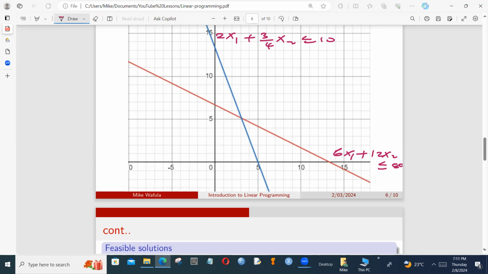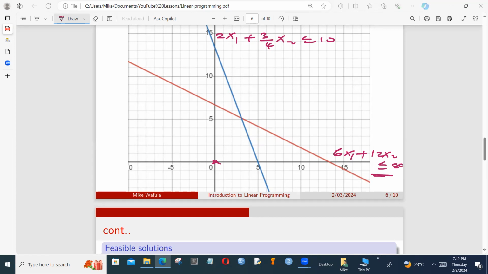For example, if I pick a point like 0, 0, and substitute 0 for x1 and 0 for x2, you'll find that the left-hand side of this inequality will be 0, which is less than or equal to 80. And so that means this particular point satisfies the inequality. And since it satisfies the inequality and is below the line, it implies that any other point below the line will also satisfy this inequality.